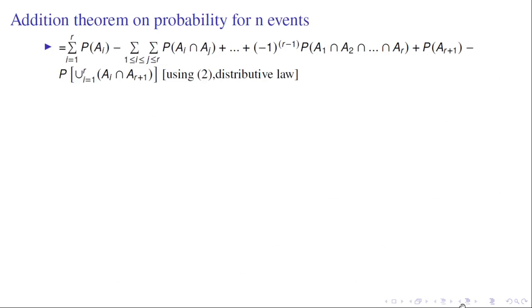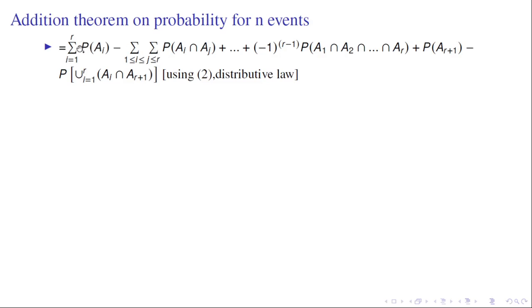So we can write this as the first term up to r, this is the second term, again we have 3 terms, the last term A1 intersection A2 intersection up to Ar.